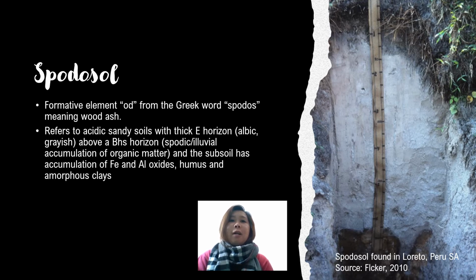As a subsoil has accumulation of iron and aluminum oxides, humus, and amorphous clay. This one is a spodosol found in Loreto, Peru, South America.